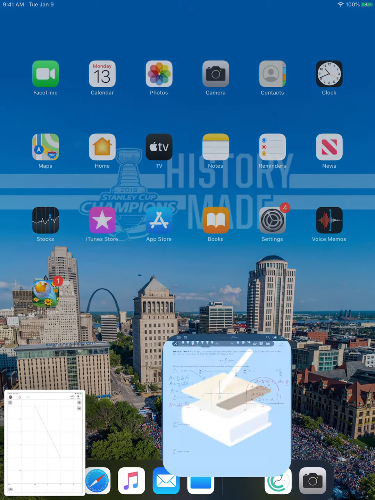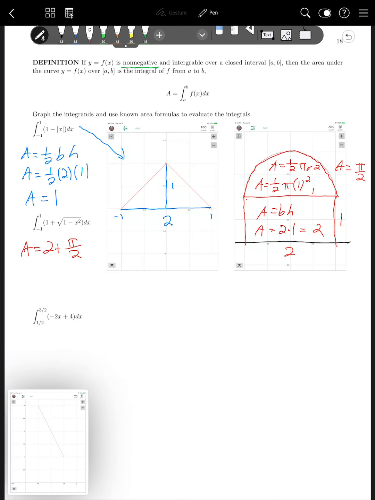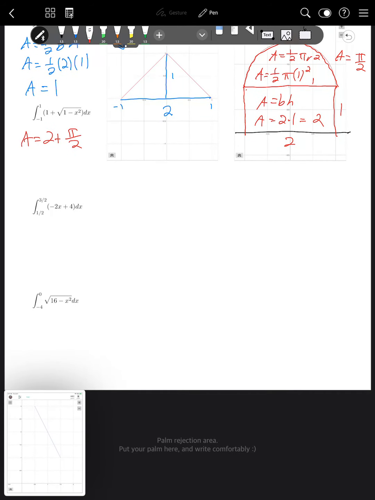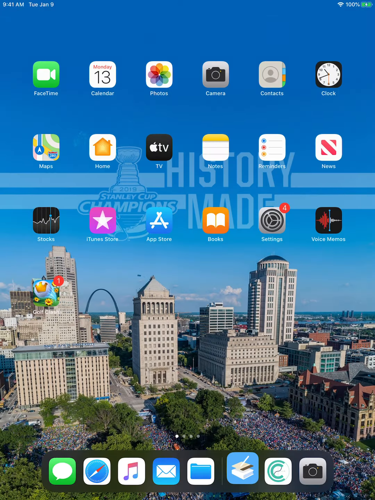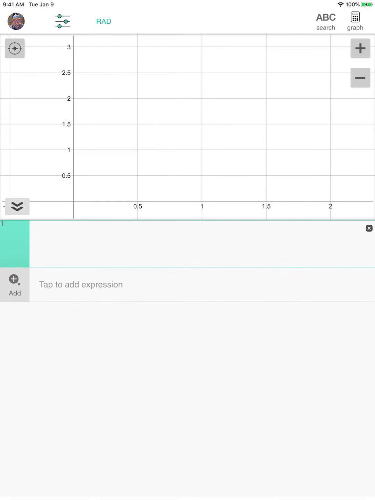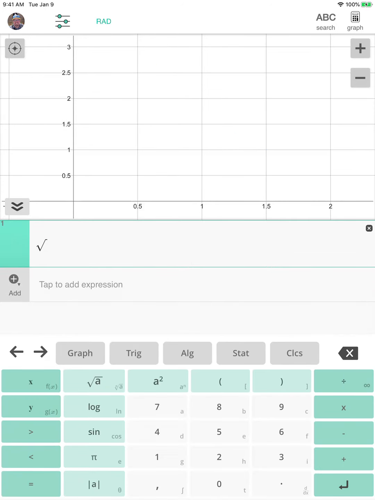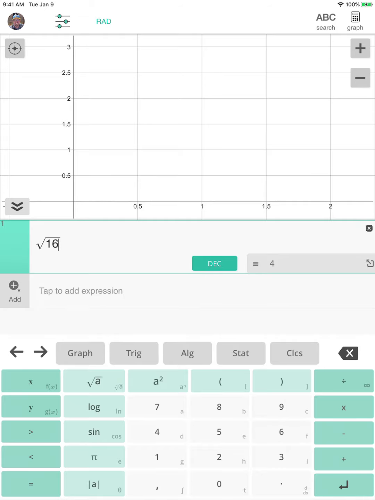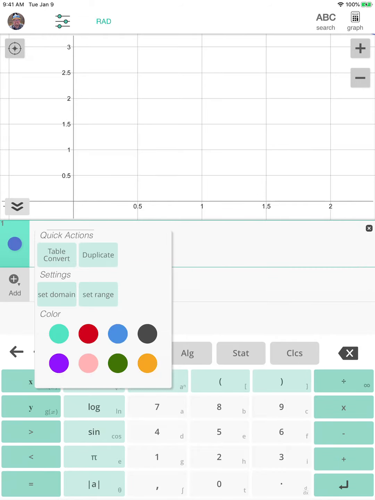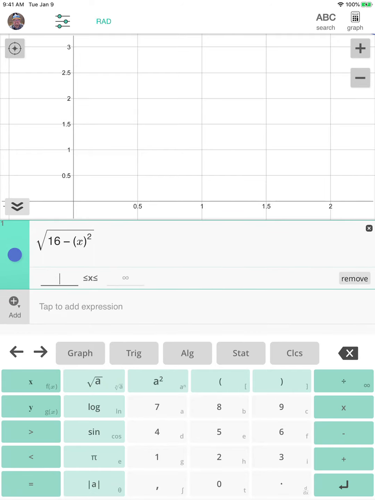Okay, and let's go ahead and just graph the second one too while we're at it. So the square root of 16 minus x squared from -4 to 0.